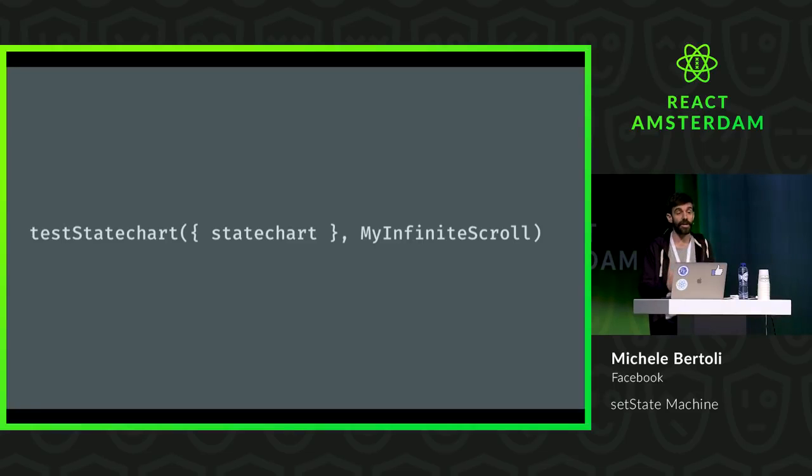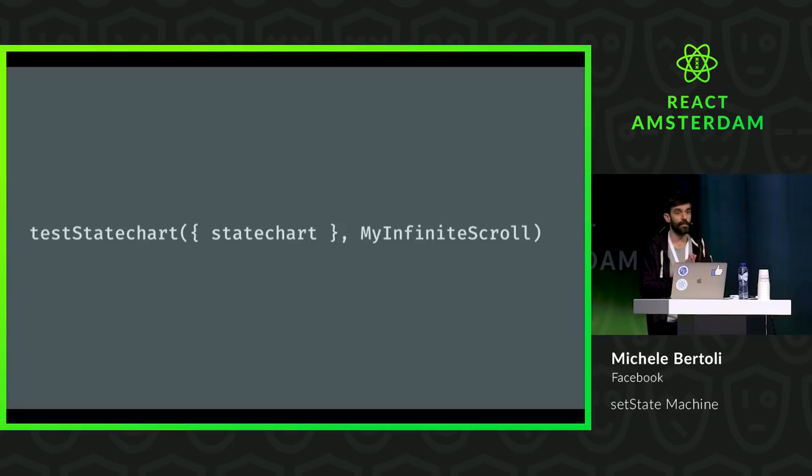You just pass a state chart and a component. You can also pass optional fixtures if you want to inject data. And this is going to calculate all the simple paths from the start state to all the other states, and it's going to move the component to all these states. And when the component is in each one of these states, it's going to take a snapshot. And a snapshot, if you don't know what it is, check it out.